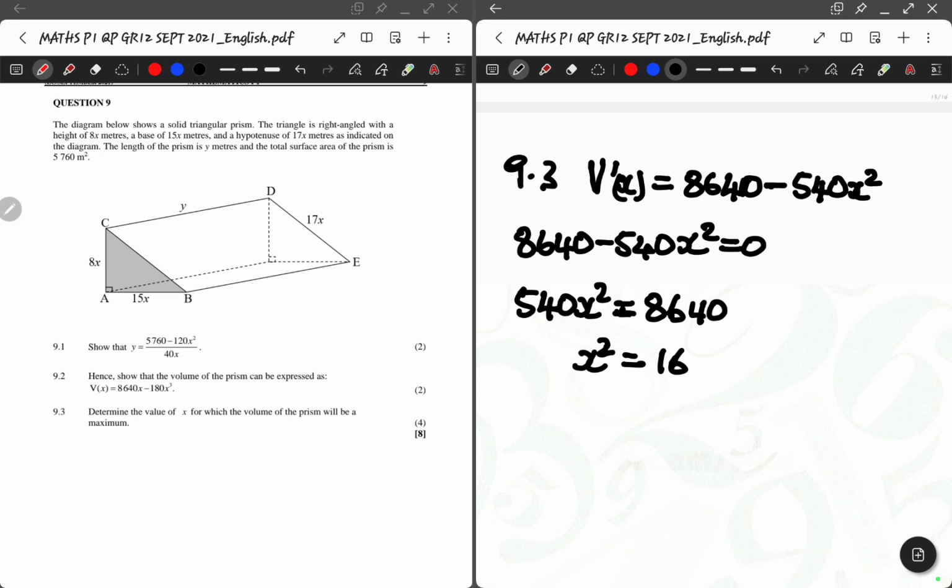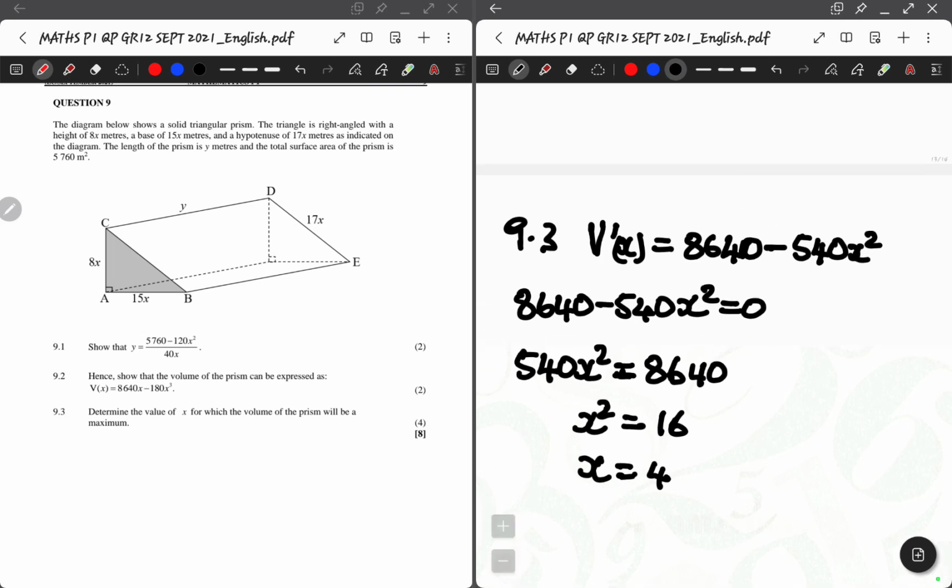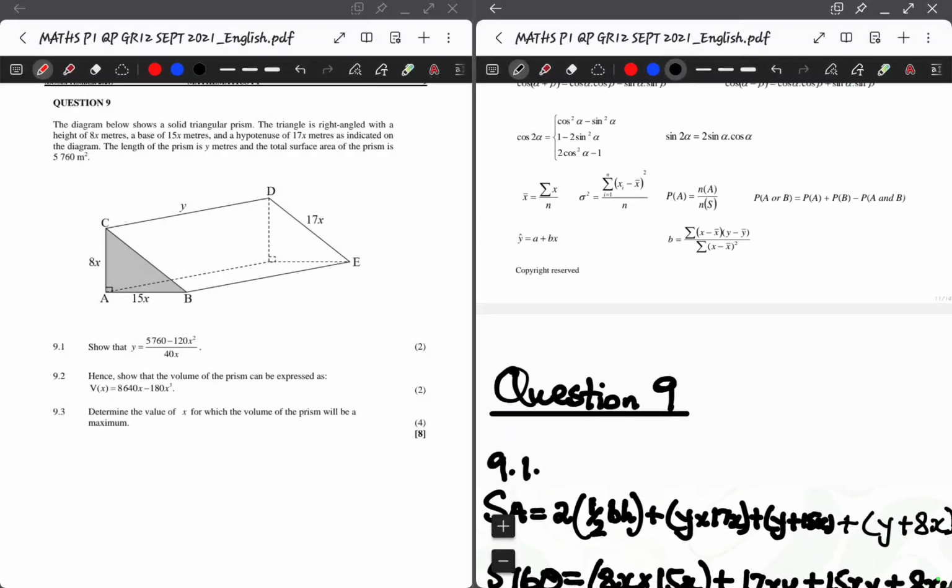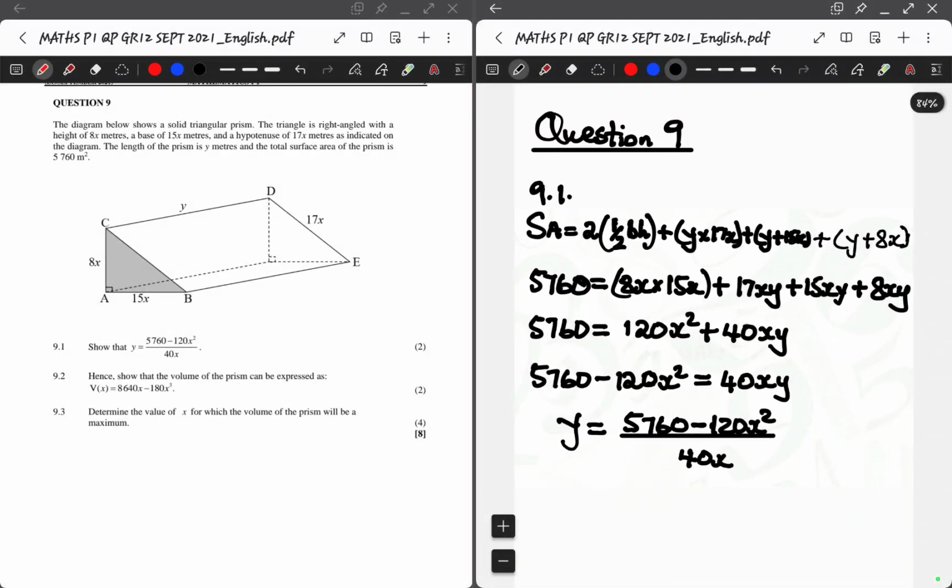So the value of x, x will never be negative. Instead, x will be positive 4. So that's the story with this question.